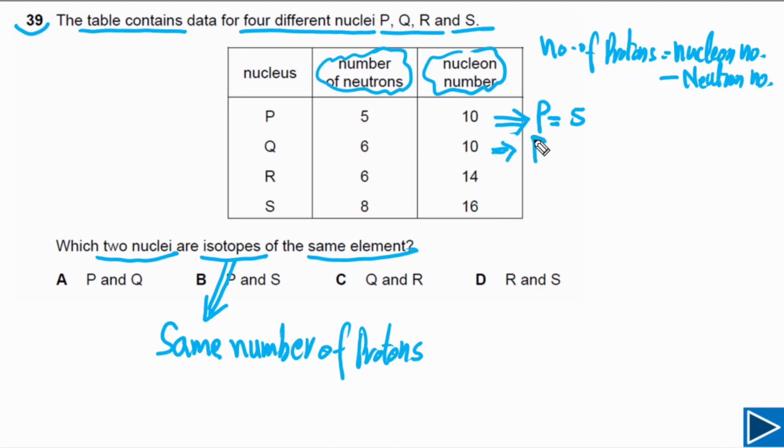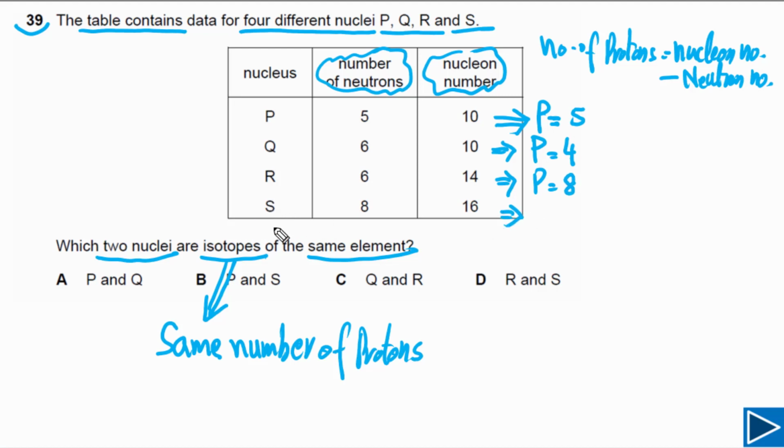If you look at nucleus Q, it has 10 nucleons and the neutron number is 6. So the proton number is 4, that is 10 minus 6. If you go to nucleus R, we have a total of 14 nucleons and the neutron number is 6. So the proton number is 8, it has 8 protons.